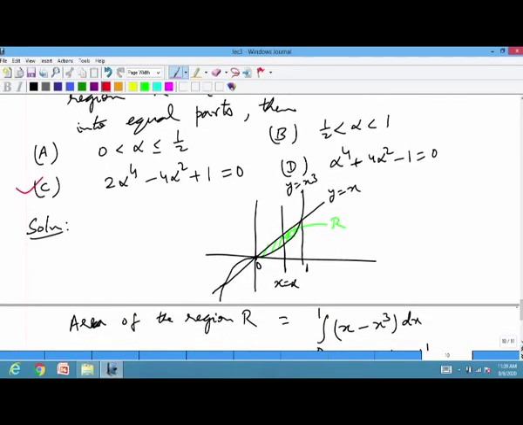Also, immediately now we can rule out option D, because if alpha satisfies option C, 2 alpha to the 4 minus 4 alpha square plus 1 equal to 0, and if it also satisfies alpha to the 4 plus 4 alpha square minus 1 equal to 0, then if we add these two, we get 3 alpha to the 4 is equal to 0, which will give alpha equal to 0, but clearly alpha equal to 0 does not satisfy option C. So, this D option is wrong.